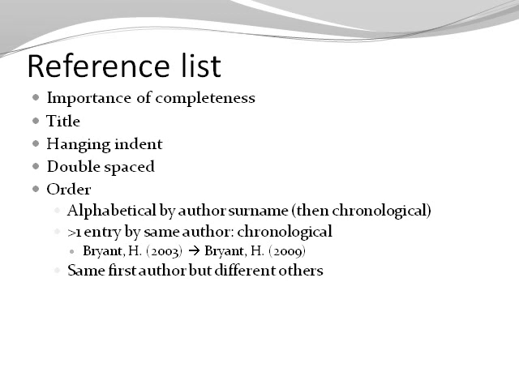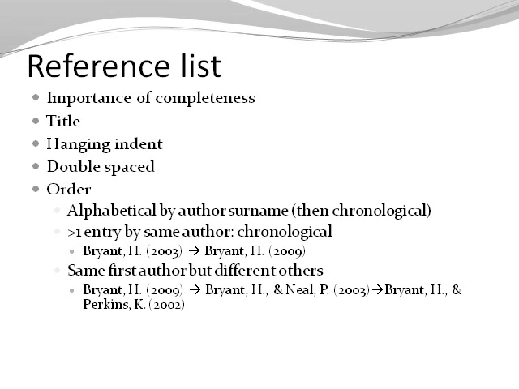If you have the same first author but different other authors, say Bryant wrote an article alone, and Bryant is the first author with co-authors in other papers, how do you order that? Well, the rule is alphabetical first, and then chronological if there's any repeating. Bryant 2009 comes first, because in alphabetizing, nothing comes before something.